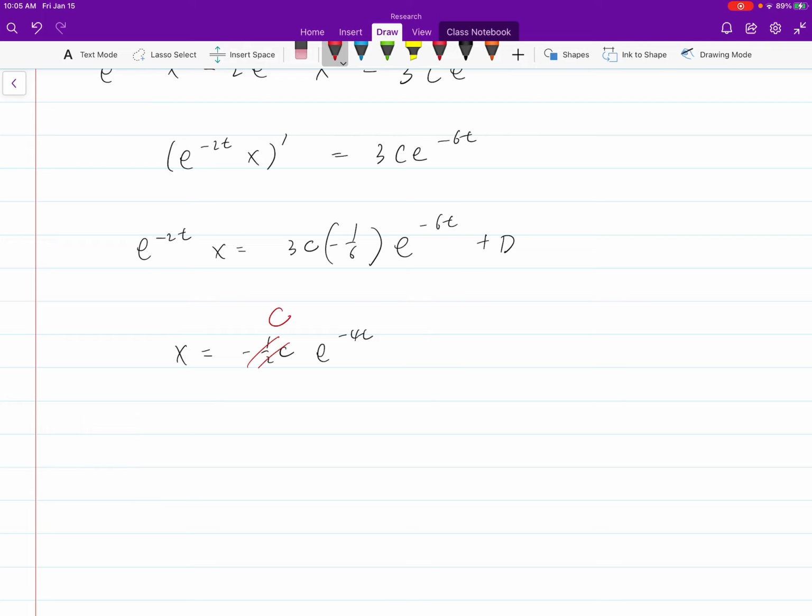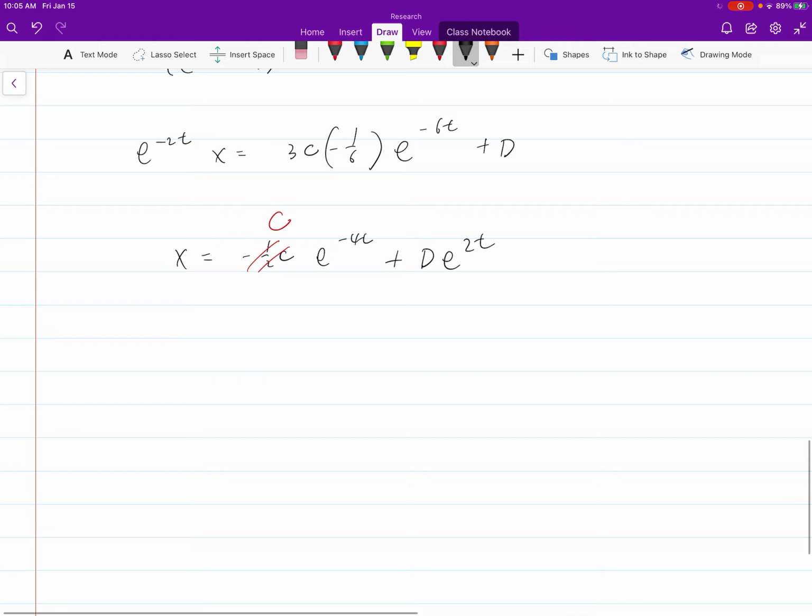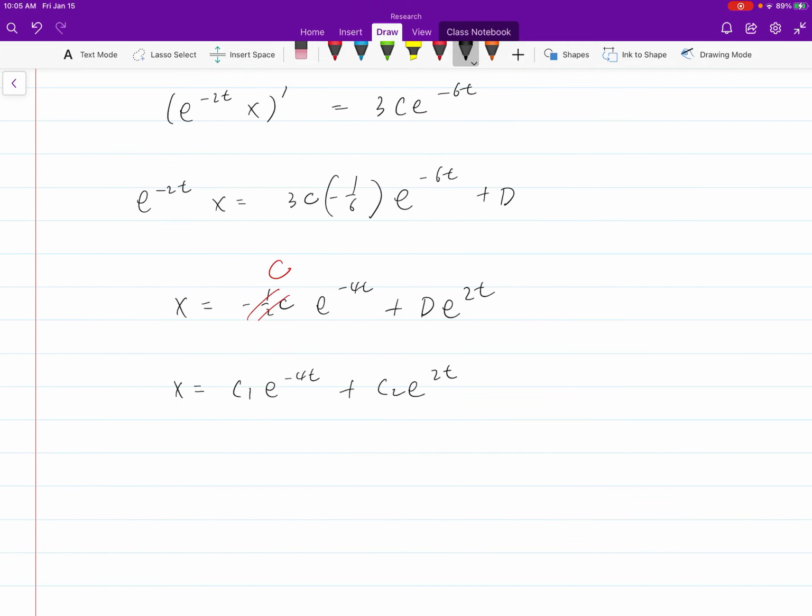This we can just call c. Plus d divided by that, so it's going to be d e to the positive 2t. Or you can simply write them as constant 1 and constant 2 if you want to see it more clearly. So that would be the solution we get from the partially decoupled system.